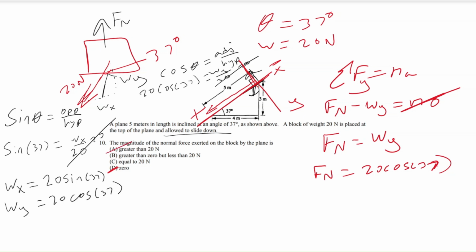We know it can't be C because it would be equal to 20, and that leaves us choice B as our answer because 20 times cosine of 37 is going to be less than 20, but it is going to be greater than 0. And to check that, we can do 20 times cosine of 37, and that gives us the answer of force normal is equal to 15.97 newtons.